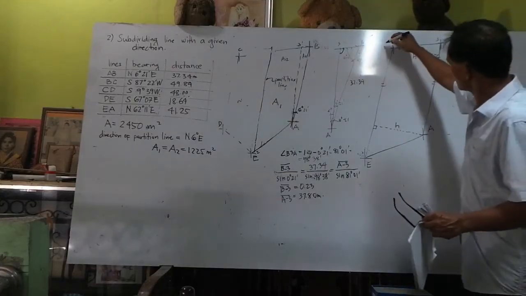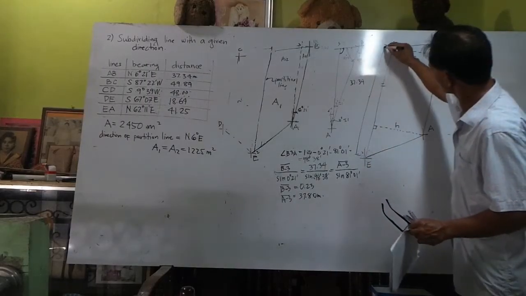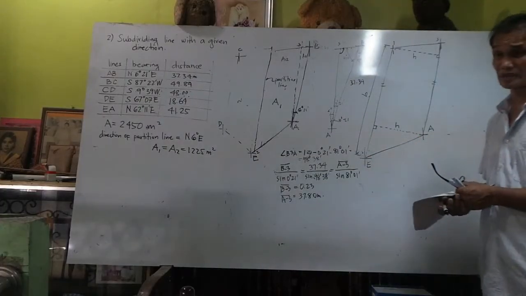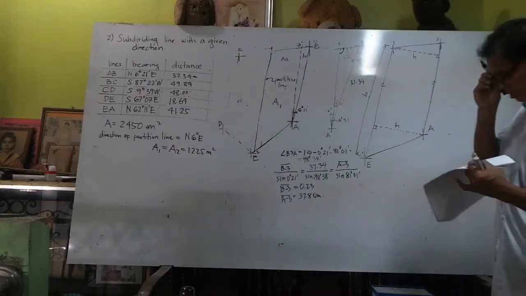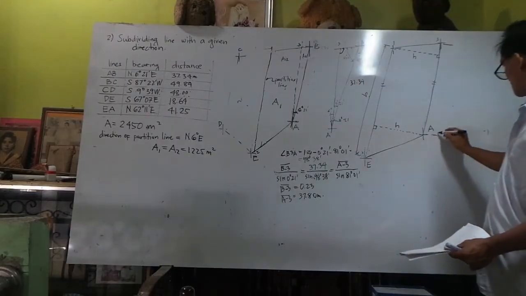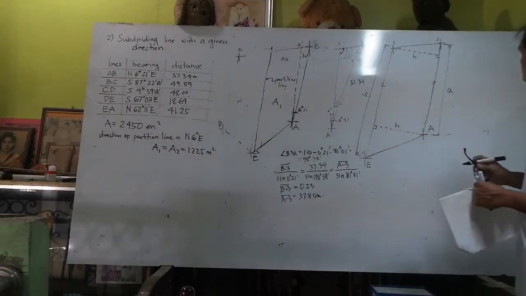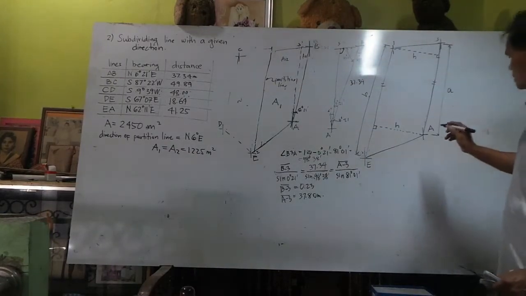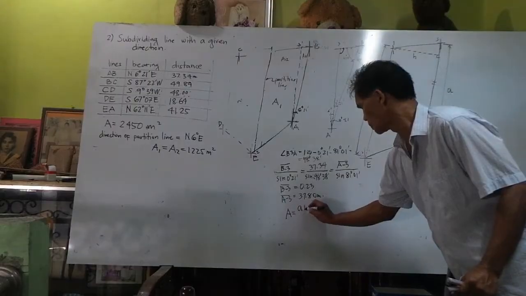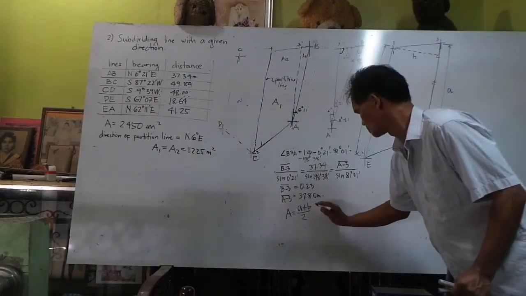So if we designate this one as our B, the parallel sides of the trapezoid, this is B, and this other one we designate as A. So that we know that the area of the trapezoid is just equal to A plus B divided by 2 times the H.